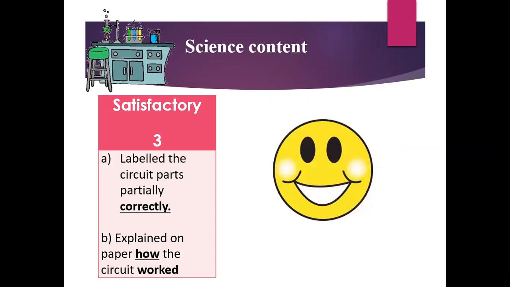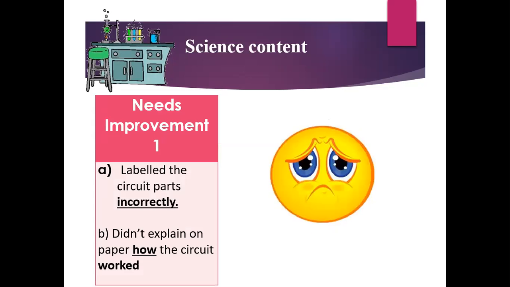What if you made a mistake in one label, or you did not write all of the symbols, or you did not explain to me how the circuit will work? I will give you 3. What if you did all of the things wrong? For example, if you label the wire in the battery's place and the switch in the bulb's place, and you didn't explain to me how the circuit is working, I'm sorry to give you 1. Okay, this is about the content.